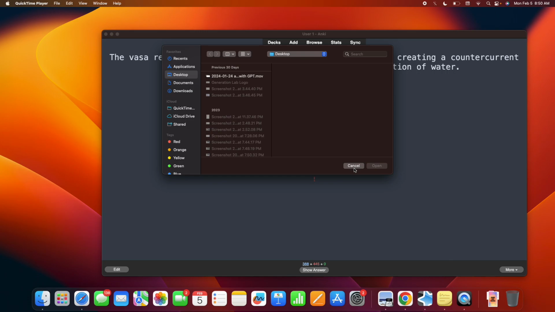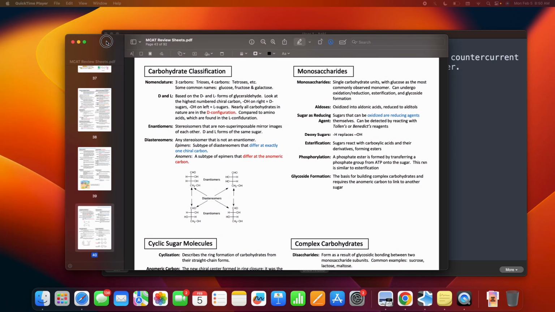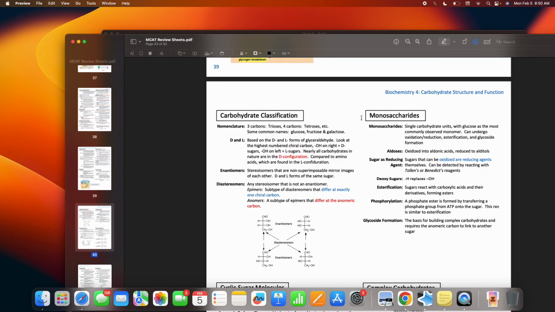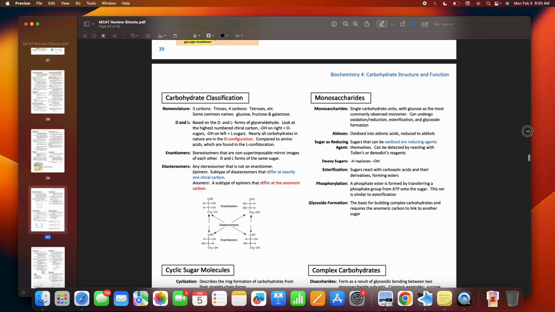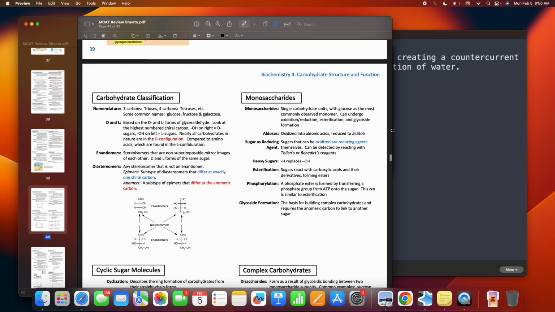And so I want to get back to where we left off reviewing the MCAT material. I find myself kind of overwhelmed by these chapters and the fact that there are so many flashcards.